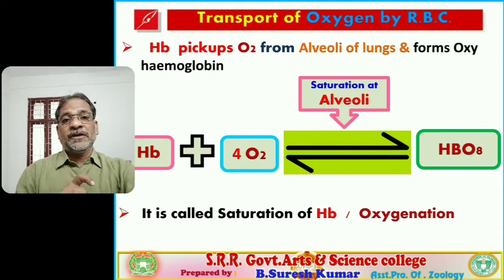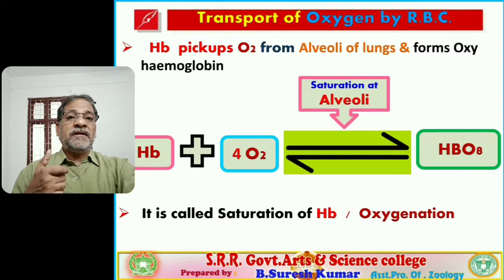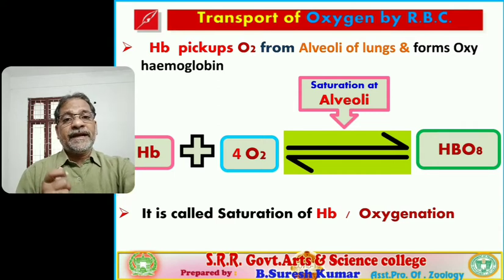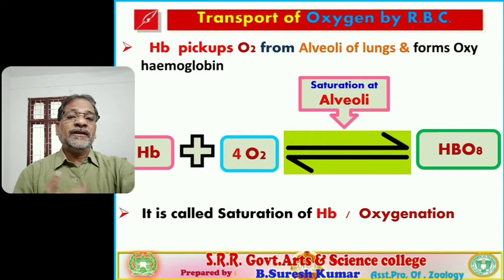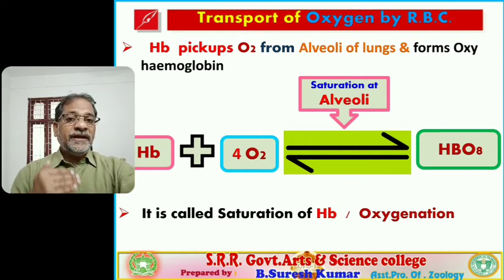So the saturation phenomenon is completely based on the partial pressure of oxygen, the availability of oxygen. When oxygen is available and more in the alveoli, more in our body, at that time it links with four oxygen molecules. That's 100% saturation. Otherwise, the saturation is reduced.